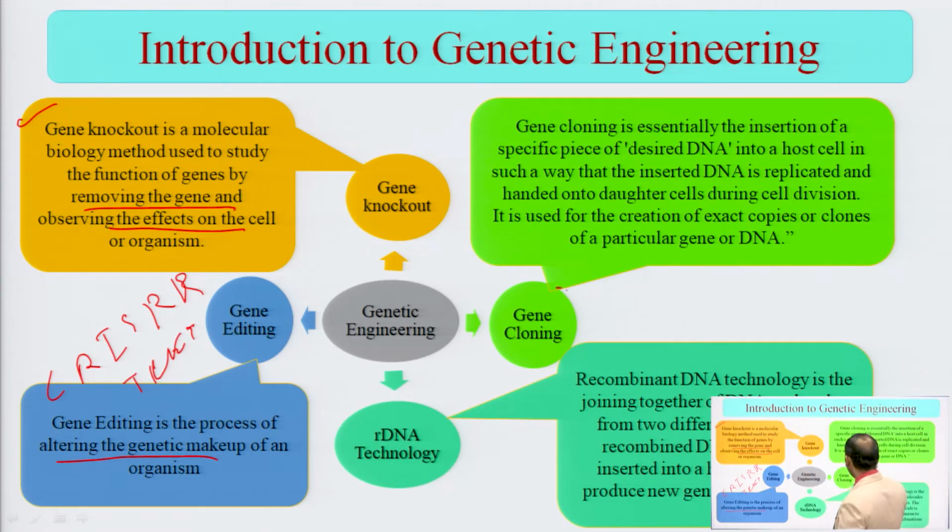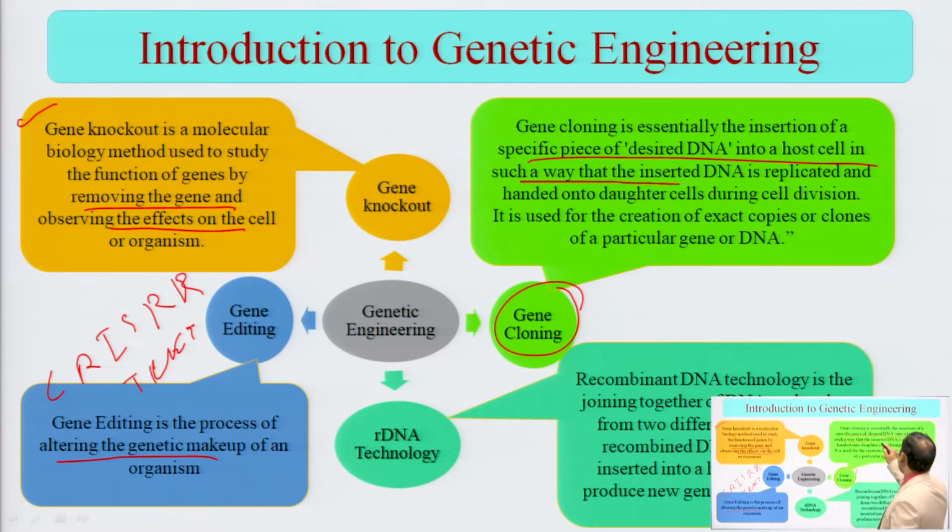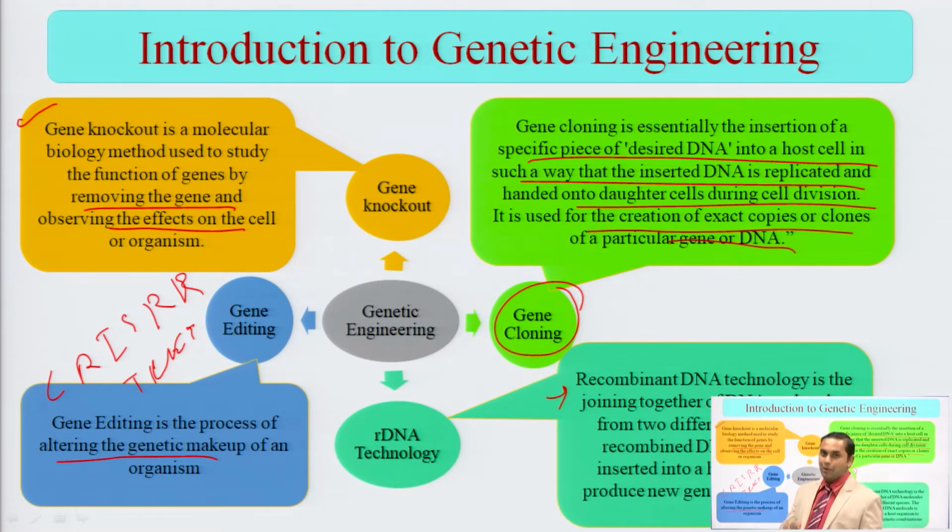In gene cloning, it is essentially the insertion of a specific piece of the desired DNA into a host cell, in such a way that the inserted DNA replicates and is handed down to daughter cells during cell division. It is used for the creation of copies or clones of a particular gene. rDNA, all of you are aware what rDNA is. I will not tell you again, because I have dedicated my whole previous lecture to rDNA, but still let me tell you if you have missed it.